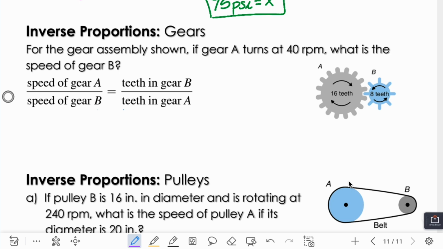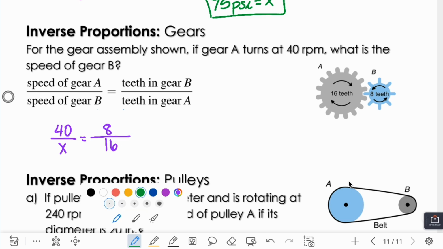So for the gear assembly shown, gear A is turning at 40 RPM. So gear A has a speed of 40 RPMs, and that's for 16 teeth. Now, we want to know the speed of gear B, so we don't know that. I'm going to put an X. You can put a B if you want for gear B. But we know it has 80 teeth. So now we multiply. Cross products are the same.